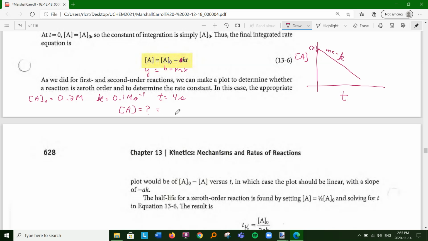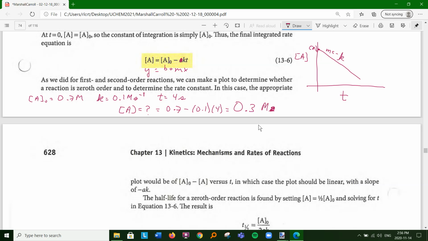So it would just be A naught 0.7 minus 0.1 times 4, which is 0.4, so I get 0.3 moles per liter. The per seconds cancel out, right? So 0.7 minus 0.4 is 0.3 molar.